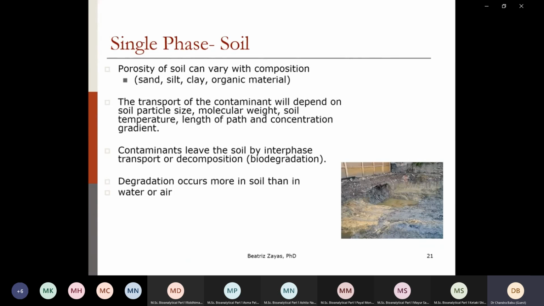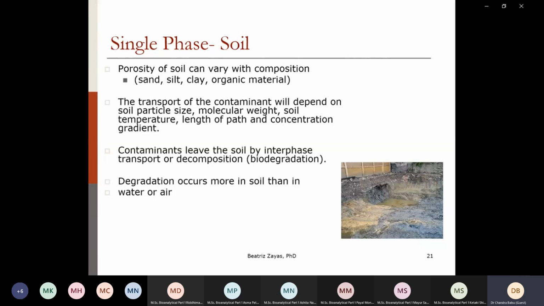So the transport of the contaminant will also depend on the particle size of the soil. And keep in mind that how humid or dry a land is will affect how it moves. Also the molecular weight of the pollutant or contaminant, how long these contaminants are in sediment, and the concentration.